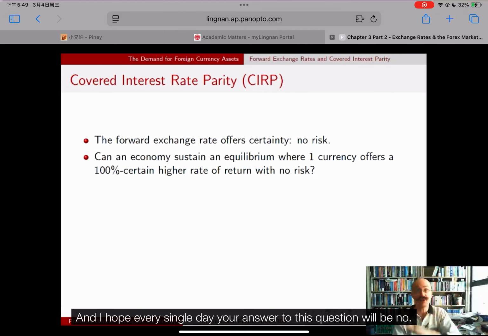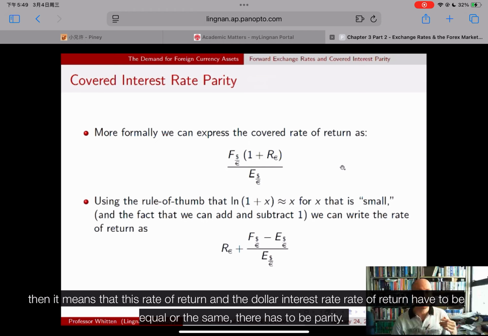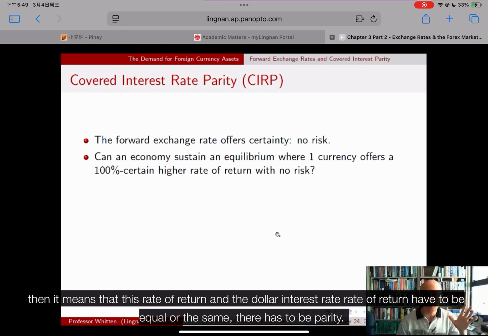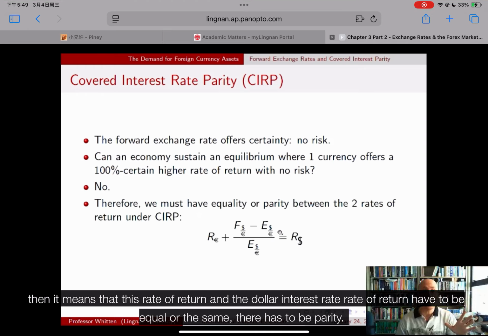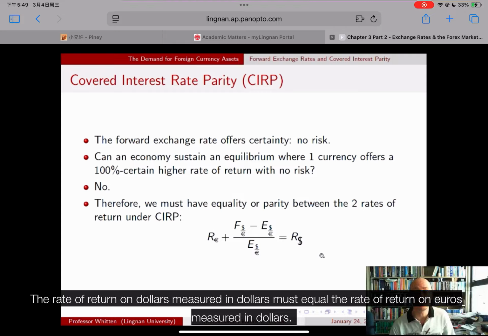And I hope every single day your answer to this question will be no. Because if the answer to this question is no, then it means that this rate of return and the dollar interest rate of return have to be equal, or the same. There has to be parity. The rate of return on dollars measured in dollars must equal the rate of return on euros measured in dollars.